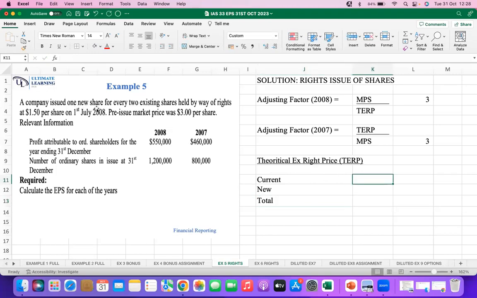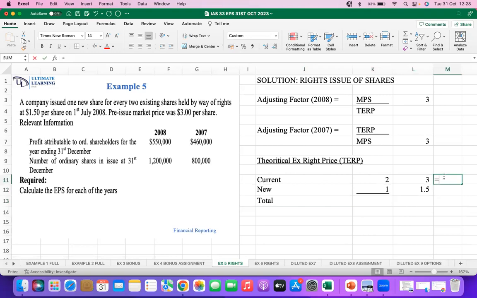What is the current? A company issued 1 new share for every 2 existing shares, so there is 2 current, and they were issuing 1 new share for every 2. The market price is 3, and the issue price by way of a rights was 1.5.